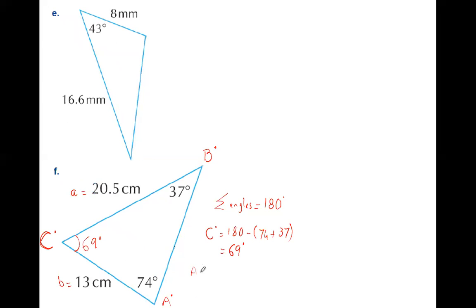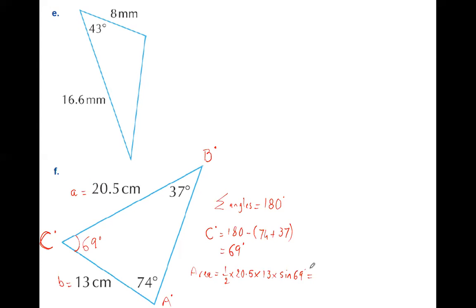Area is just half of A, which is 20.5, times 13. So I plug all this in my calculator, and what do you get? If your calculator is working, obviously.